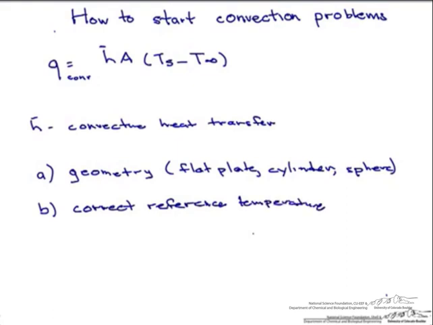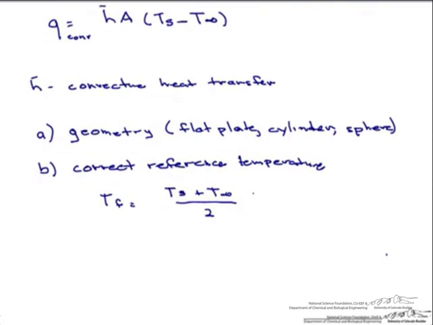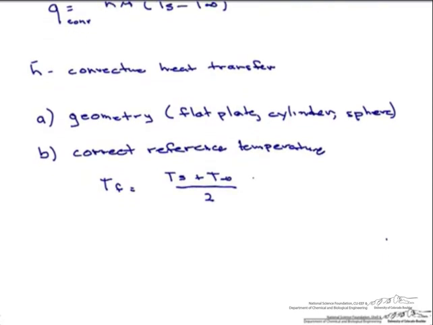Usually, we look at what's known as the film temperature, which is the temperature of the surface plus the temperature of the fluid, divided by 2. However, some correlations have their own reference temperatures, so you need to know what they are and use them accordingly. In fact, in some of them, they even use the free stream temperature, or the temperature of the fluid, as the reference temperature.